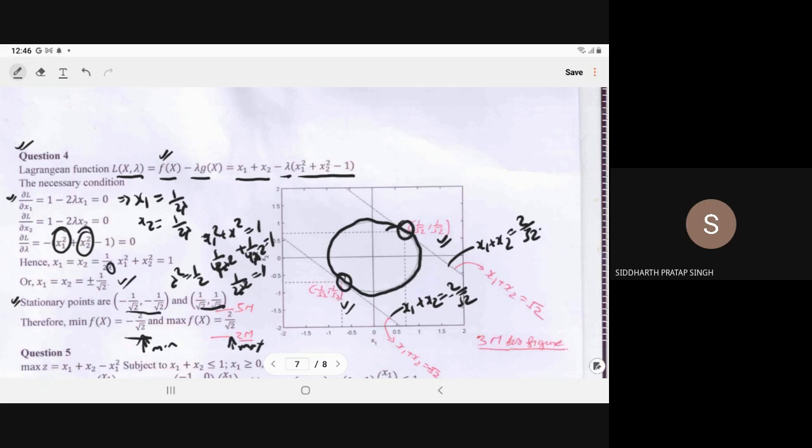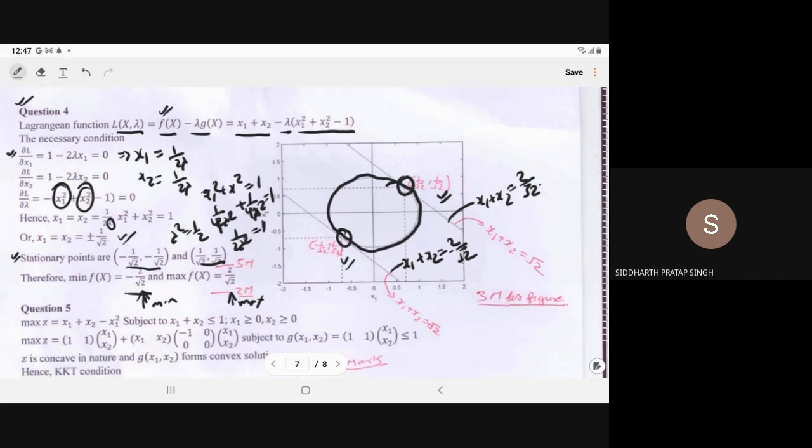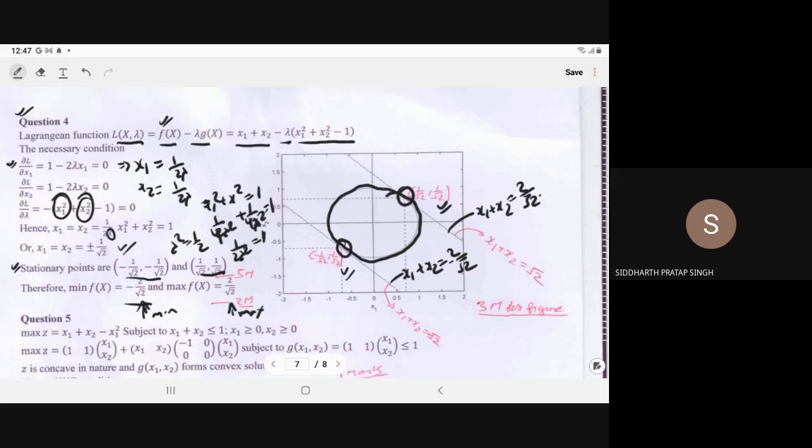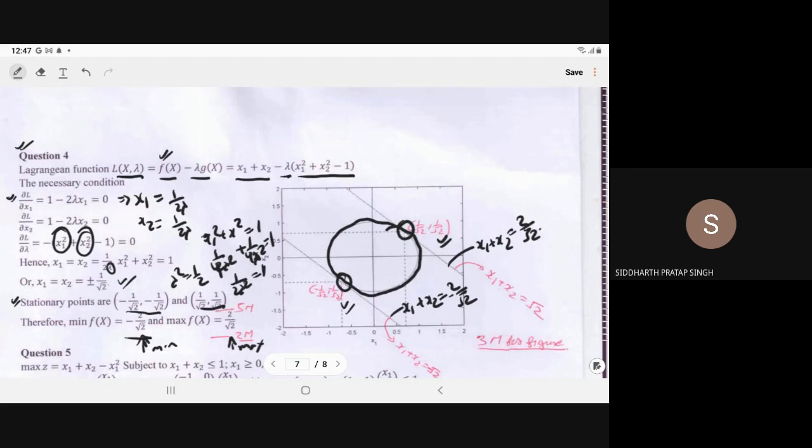Hessian we use for the Lagrangian also, but here it is not in the course. So you do not have to check the second derivative in this question. Just by putting in the value of f, you have to decide whether it is minimization or maximization, because the Lagrangian first derivative test will give the stationary point.